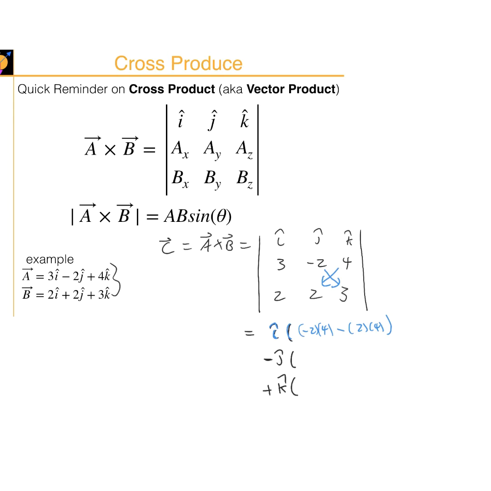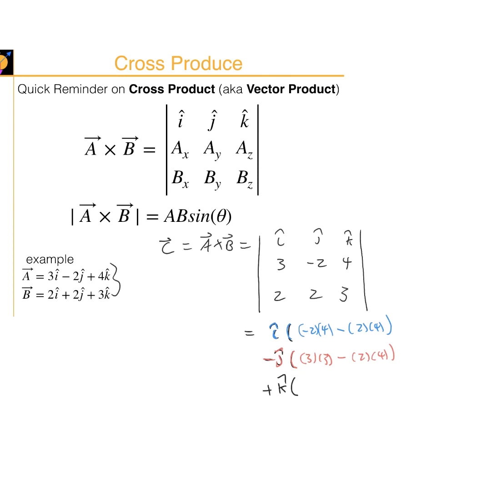And then to find the J component, there's always a minus sign for the J component. Then you would cross multiply this times this and this times this. So for the J component, it'll be 3 times 3 minus 2 times 4. And for the K component, you hide everything under the K and cross multiply the remaining ones.